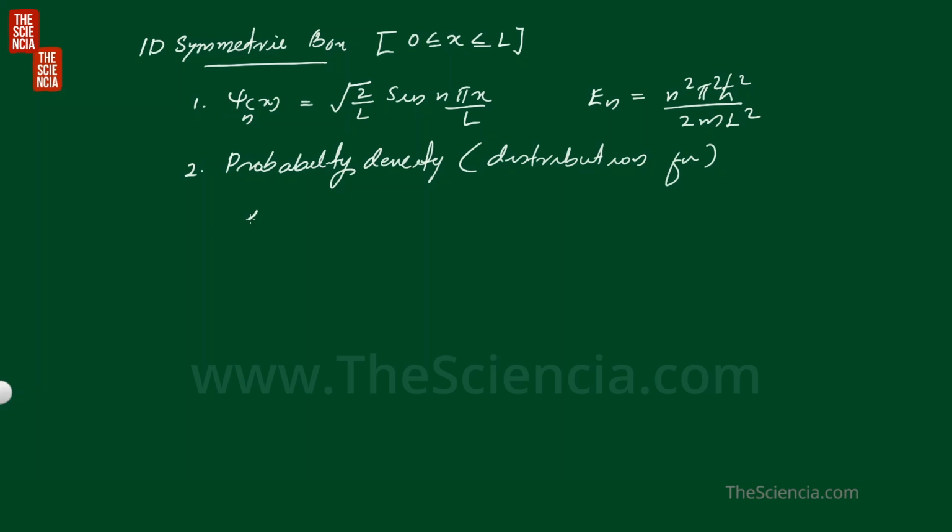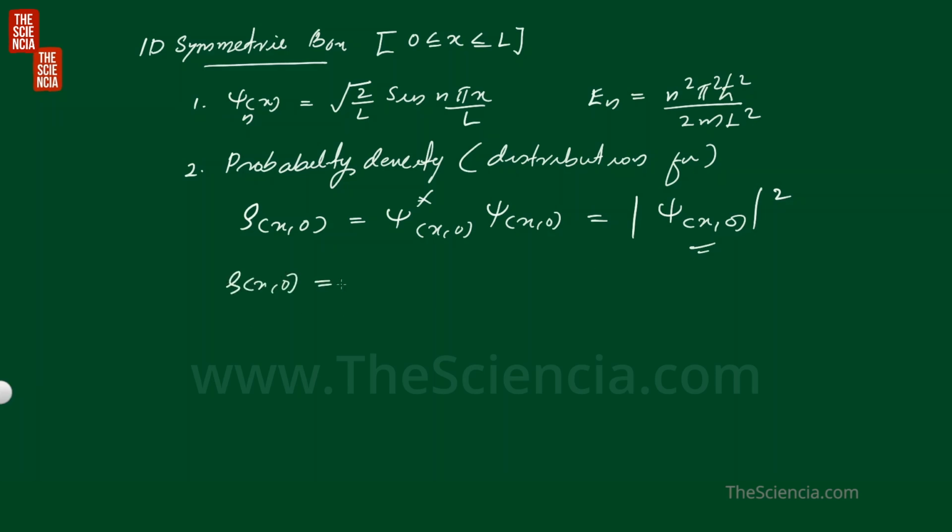So we are going to find out the probability density at the time t equal to 0. So what we will get? This is equal to psi star of x0 into psi of x0, that is equal to mod of psi of x0 all squared.